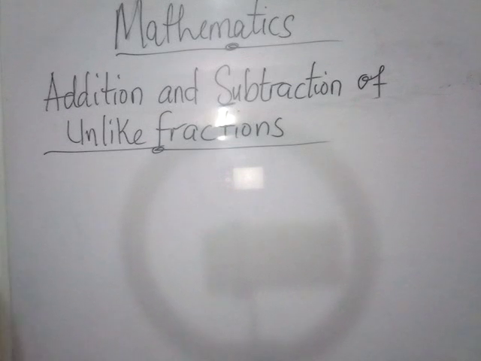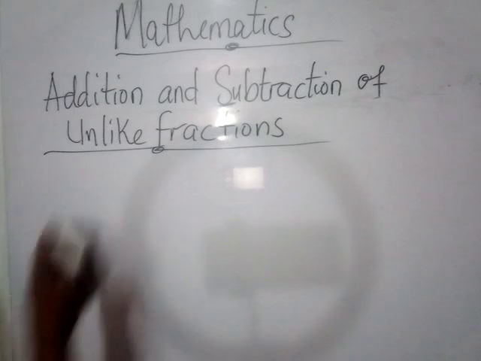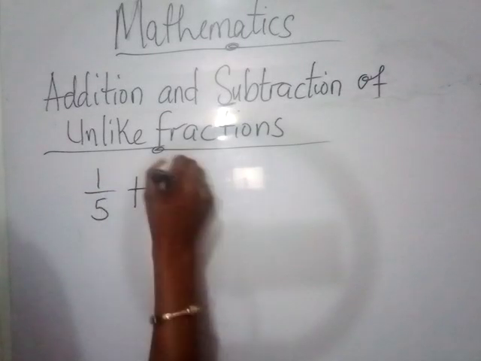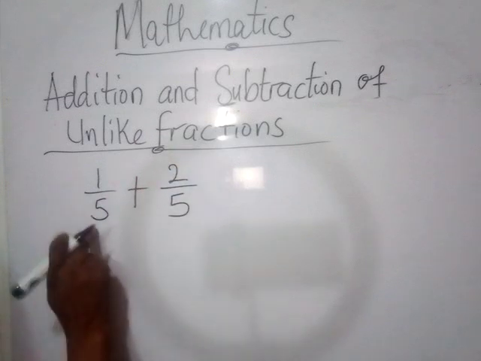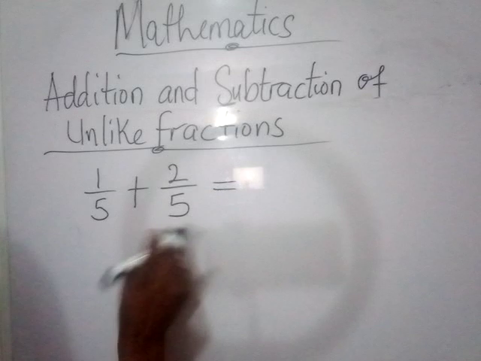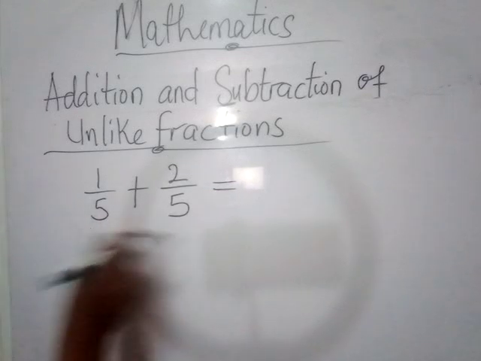Okay, so let's take an example. Let's go back to like fractions, just refresh our memories, and then we move on to unlike fractions. So we have something like 1/5 plus 2/5. Since they have the same denominator, these are like fractions.